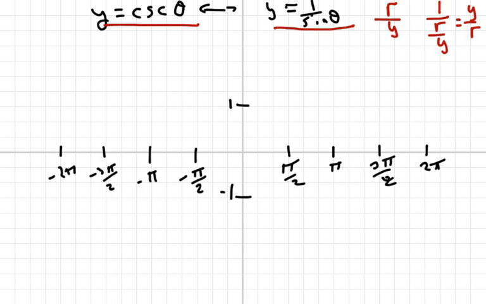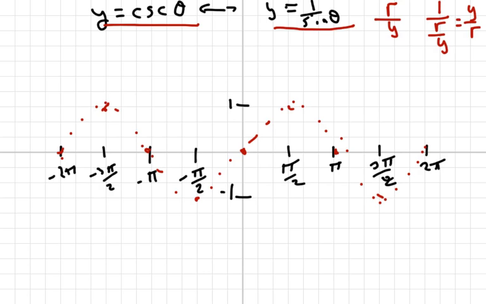And all we're going to do is first graph sine. So first thing we're going to do is graph sine, and we know that we have 0, 1, 0, negative 1, 0. So I'm going to graph the sine wave first. I'm going to graph this.